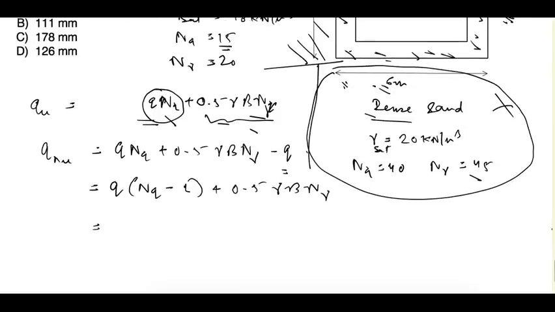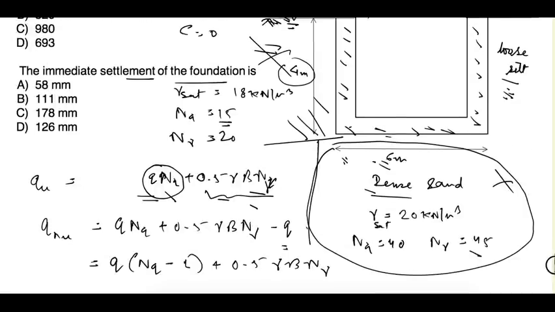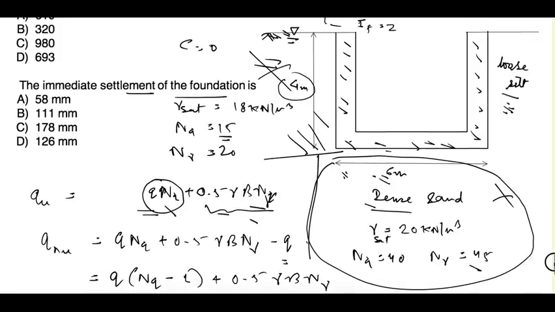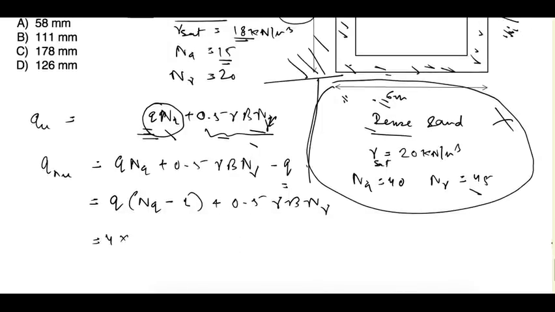Here if we put the values, what is the value of q? q is gamma Df, that is 4 into gamma. This term represents the loose silt part, so we use that gamma, but the water table is at the surface, so we have to take the submerged unit weight, that is 18 minus 9.81.